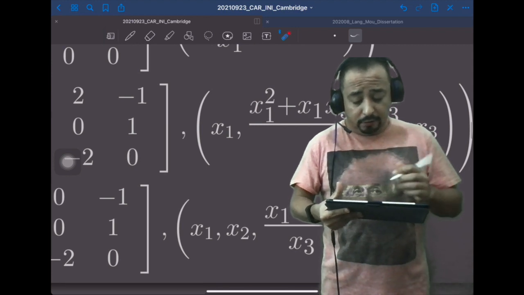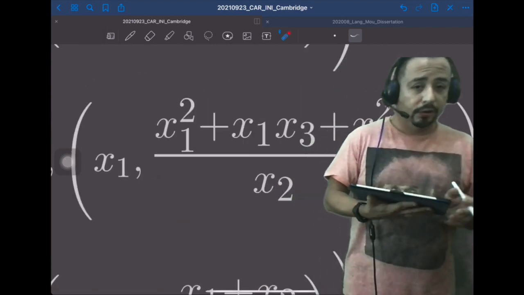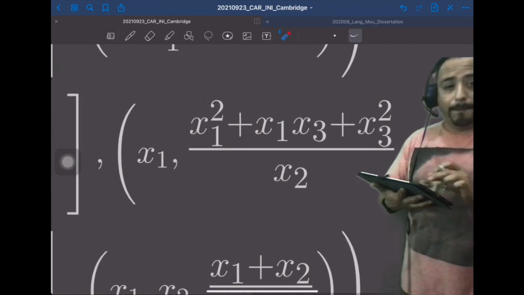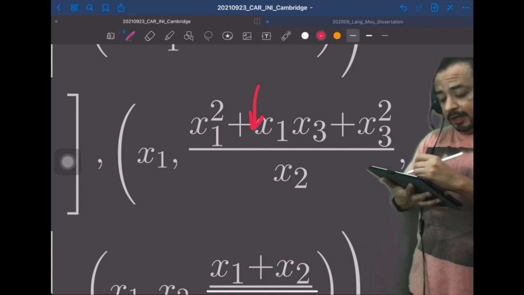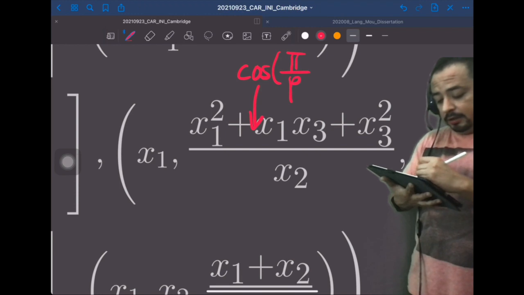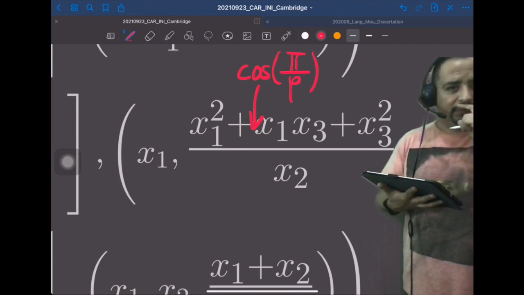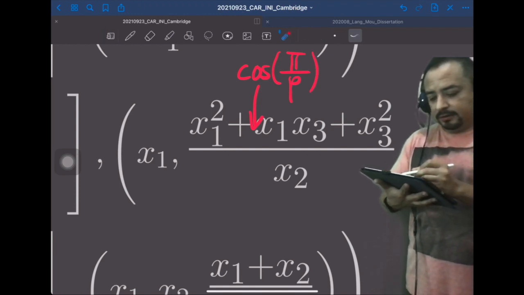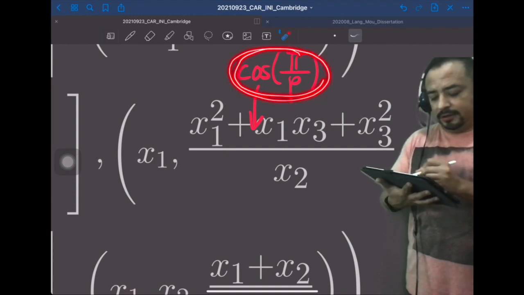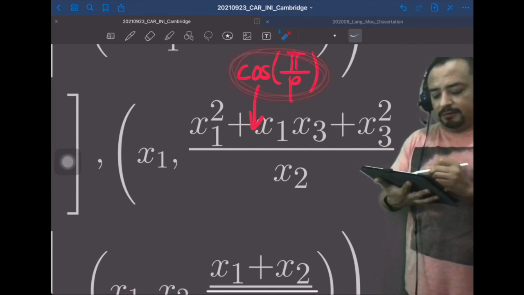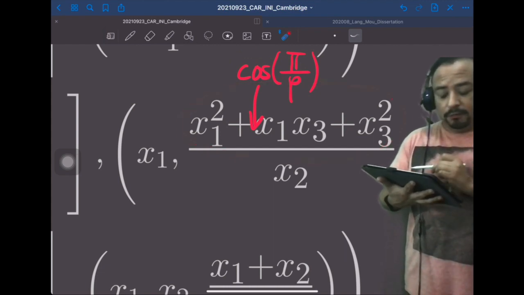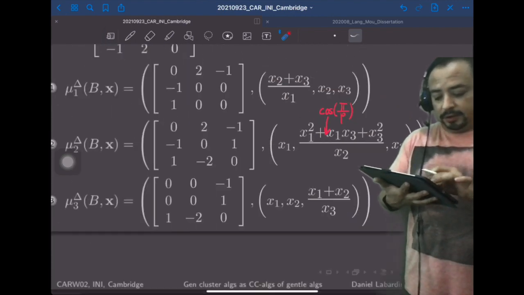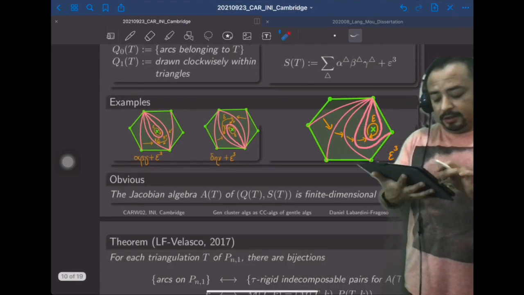If you want to deal with orbifold points of order, let's say p, here you have to write cosine of pi divided by p, if I remember correctly. And the thing is, this can be even an irrational number.